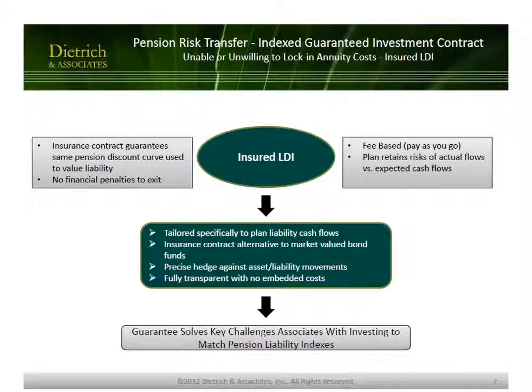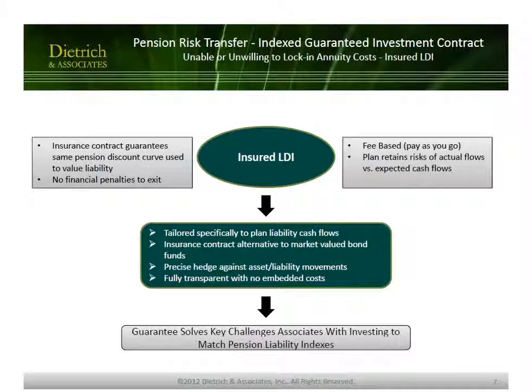One of the really interesting things about this structure is that it is fee-based. It's pay-as-you-go, and there are no embedded loads or costs to provide the guarantees the way that annuity buyout and buy-in products typically work. So from that perspective, it's a fundamentally different structure with fundamentally different economics in terms of the feasibility of implementing this solution in the current environment.